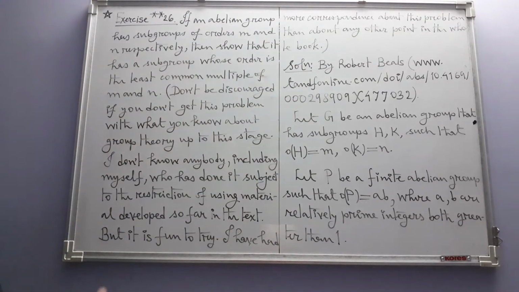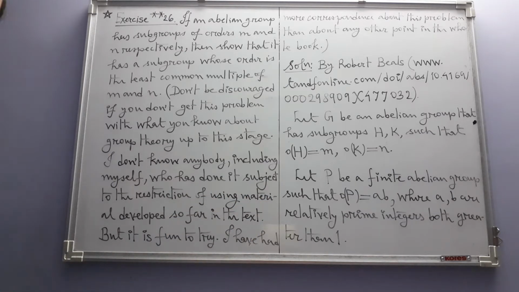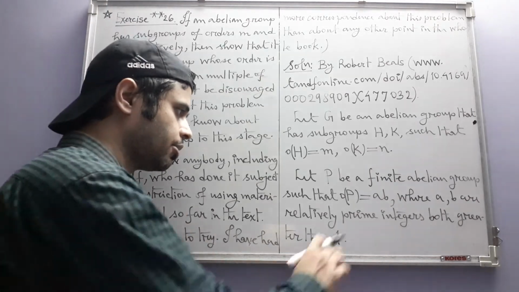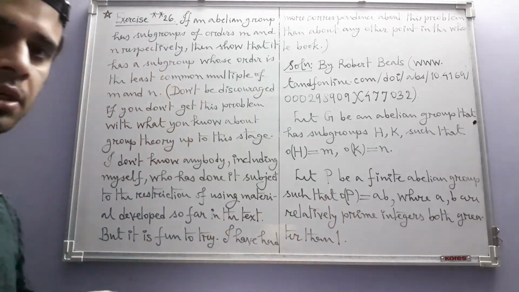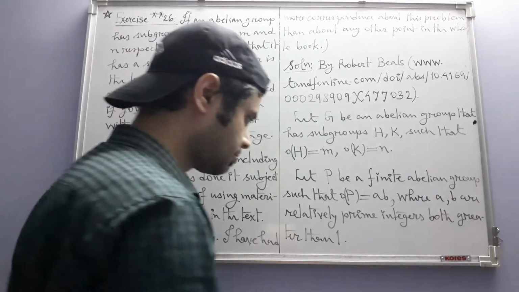Okay, so for example, order of P may be 6, which can be written as 2 times 3, or it may be 12 also, which can be written as 2 squared times 3, where 2 squared can be taken as A and 3 can be taken as B. In particular, it means that P is a finite abelian group whose order is a composite number.